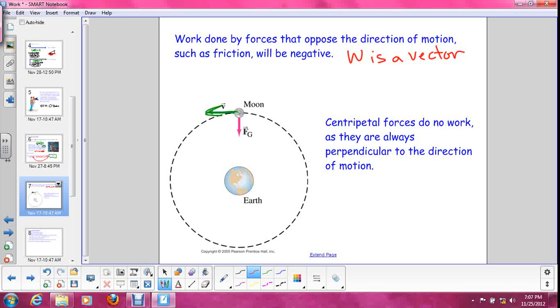But the force keeping it in this orbit is pointing straight in toward the center, at the Earth. The force of gravity from the Earth on the Moon is what keeps it moving in this circle. And because these make a 90-degree angle always, the Earth does no work on the Moon. Which is kind of a strange fact, but it's true.